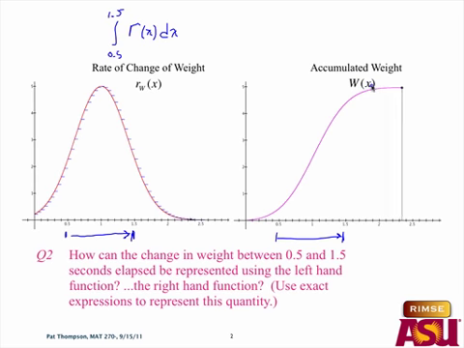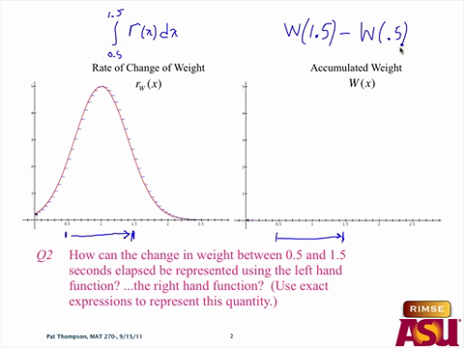We want the change in weight accumulated from 0.5 to 1.5. Kelvin. W of 1.5 minus W of 0.5. So the accumulated weight in the first 1.5 seconds minus what we accumulated in the first half second.